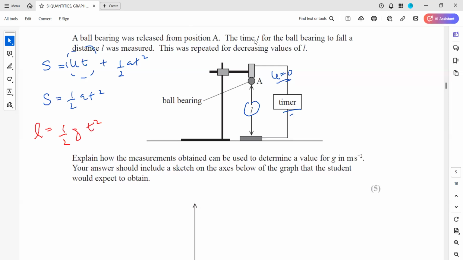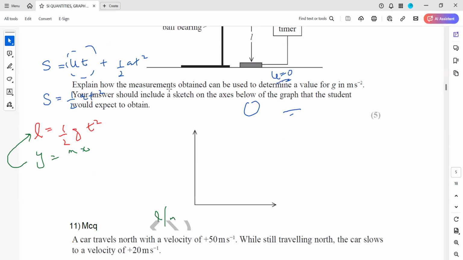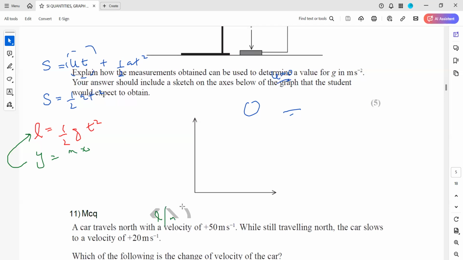Then we compare with the equation of a straight line, y equals mx. So on the y-axis, I have the length in meters, and on the x-axis, I have time square.